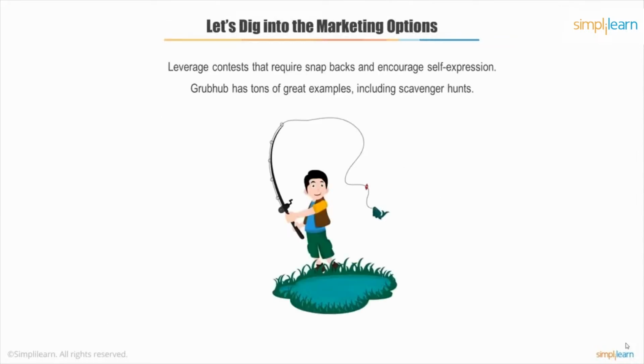Now, thinking about marketing options, leveraging those contests that require snapbacks and encourage self-expression, those are really big on this channel. Going online, running searches for Snapchat scavenger hunts, looking at pretty much anything Grubhub has done on Snapchat will have loads and loads of great examples.